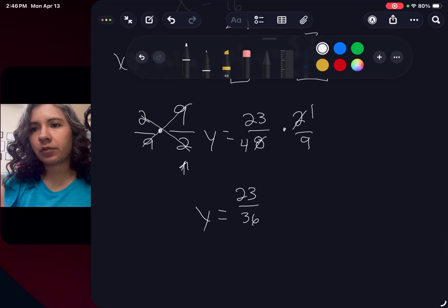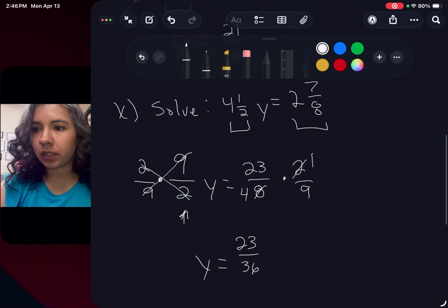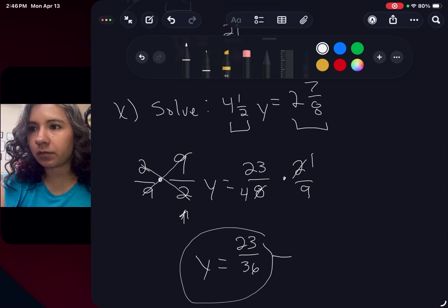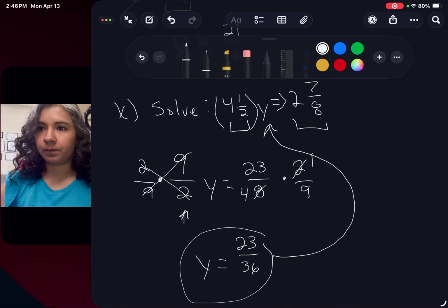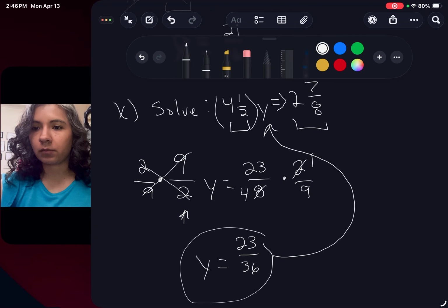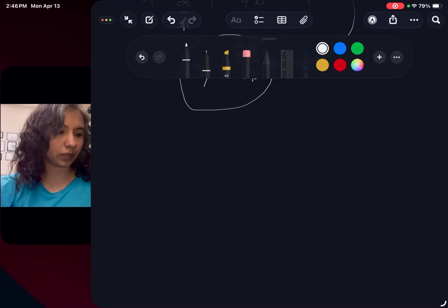And one thing that you can do for these, if you want to check your answer, is you can always plug the y that you got back into the original equation to see if this y times this number actually does give you this. So you can always check your work with the answers that you're getting for your variables.